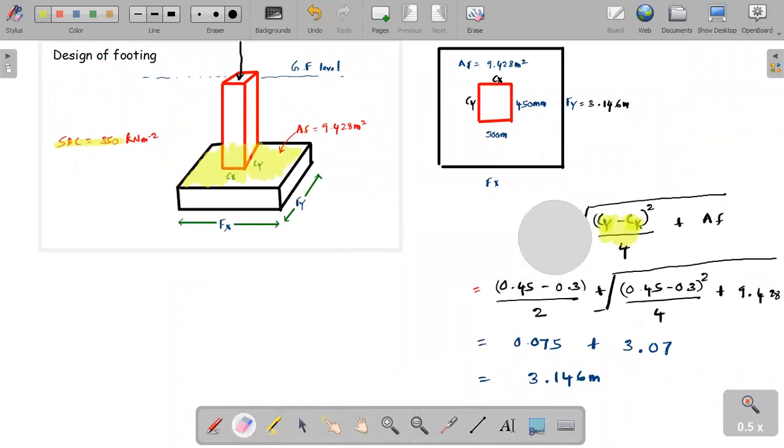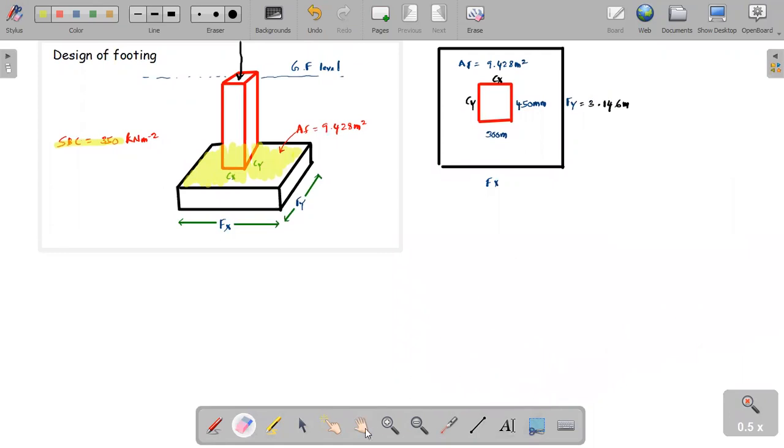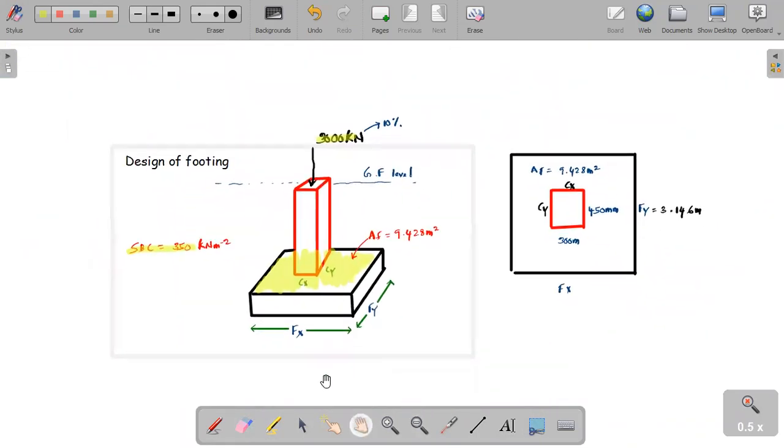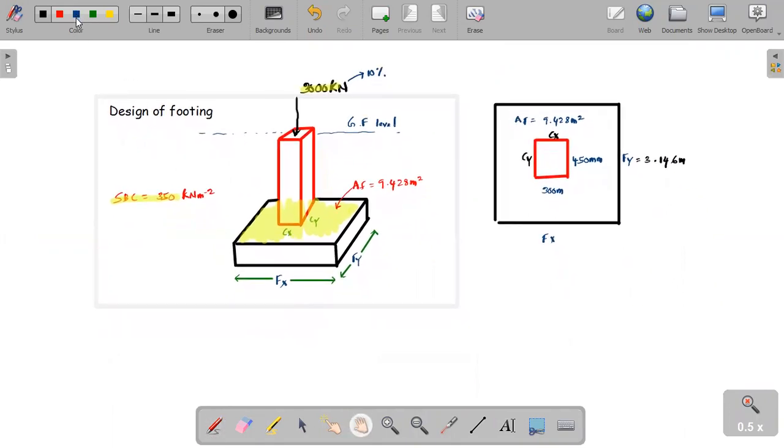Okay, then let's come to find Fx. Now it is easy for us. Why? We know this is just a rectangle. We know the area of the rectangle and we know one side of the rectangle. We can find the remaining side. So the remaining side Fx should be equal to the total area AF over Fy. This is just simplification.